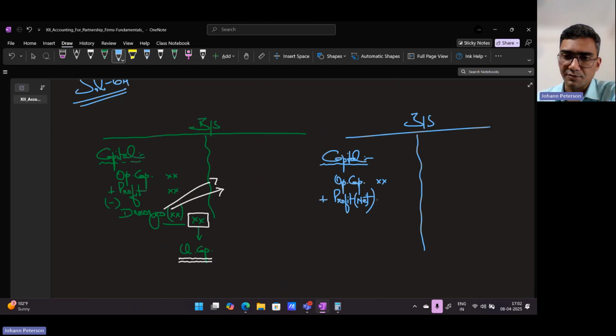From this, we subtract our drawings. And we would get a closing capital. This amount which comes in the outer column was our closing capital.